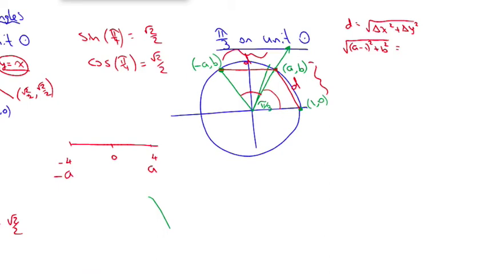A, not 8. The letter A. So how did you get 8 out of 4 and negative 4? So it's 2A. Am I right? How do you get 8 out of 4 and negative 4? What calculation are you doing?